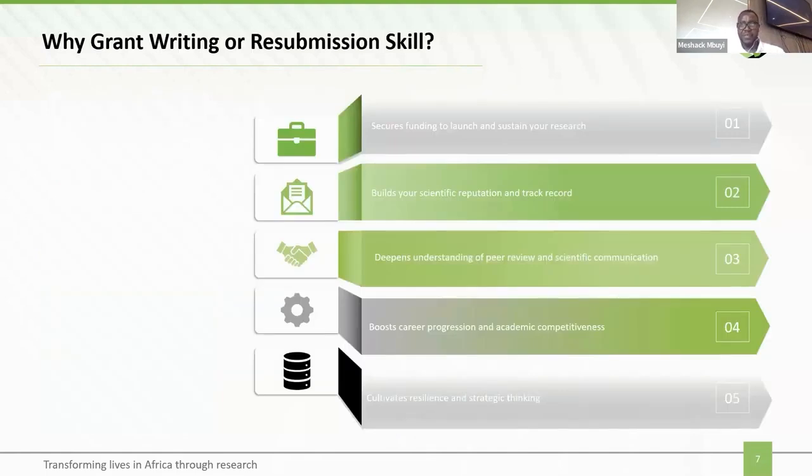Let me also mention that grant writing or resubmission skill is very important to any person who is starting out in their career as a researcher, because it is important for you to grow. You need to secure funding to start your research career and have projects that you're working on. This skill is also important because it can build your scientific reputation and track record.